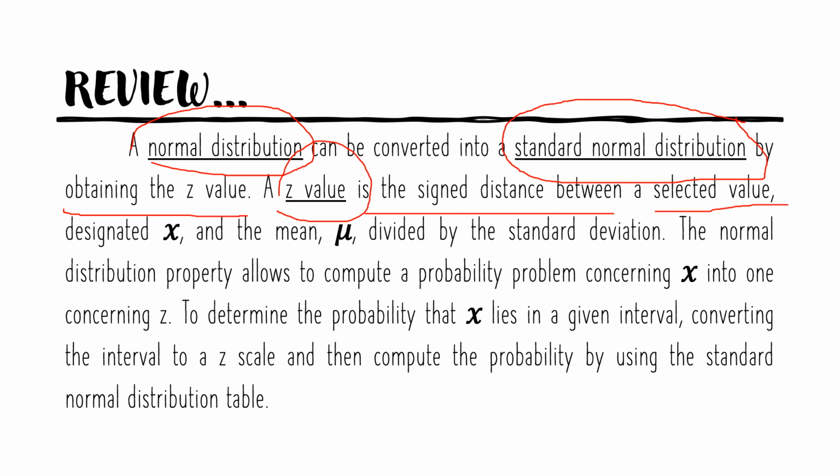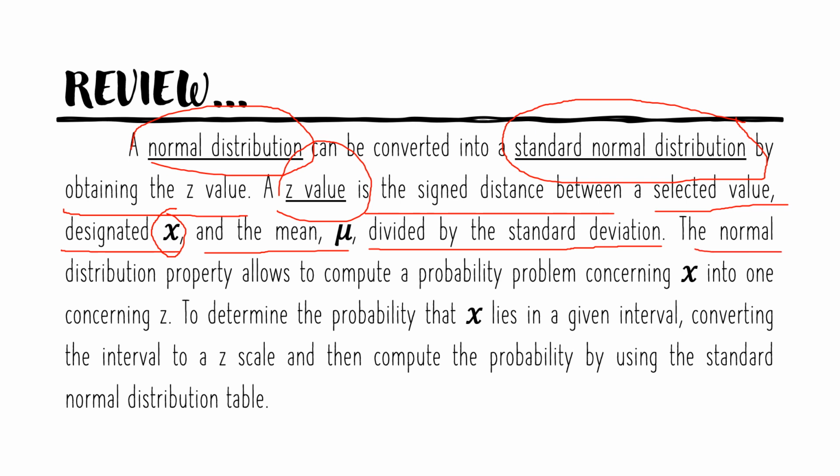It is the distance between your selected value, your designated x, which will be your raw score, and the population mean mu, divided by the standard deviation.